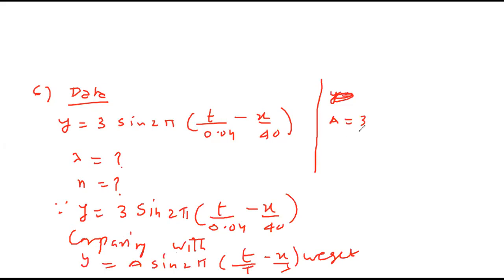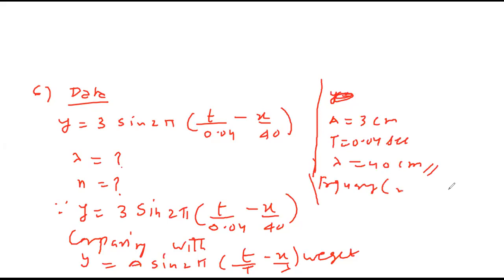All quantities are in CGS, so 3 centimeter, capital T is 0.04 second, lambda equals 40 centimeter. So lambda we already got. Frequency n is 1 upon time period. So 1 upon 0.04, 100 upon 4, which equals 25 hertz. Copy.